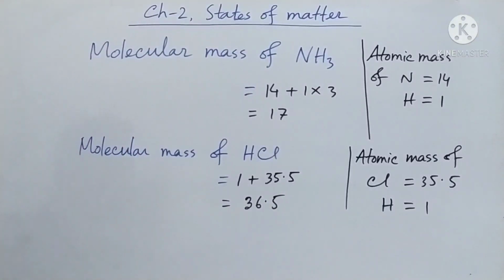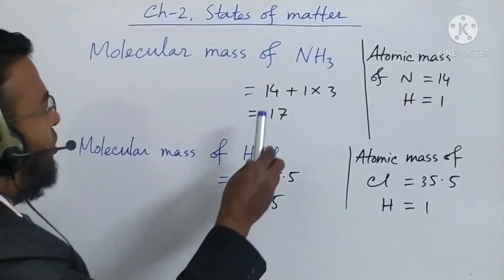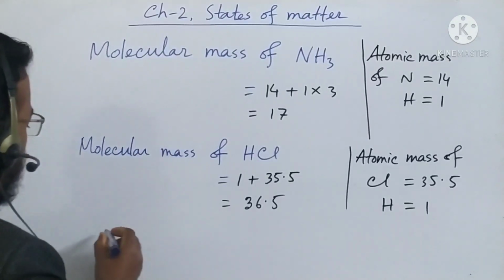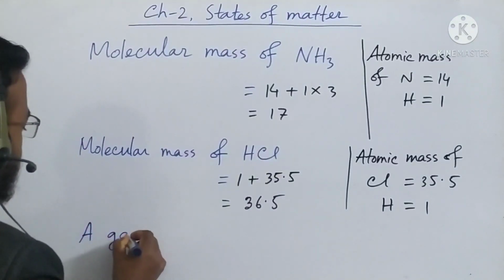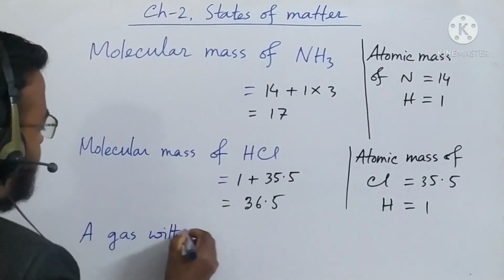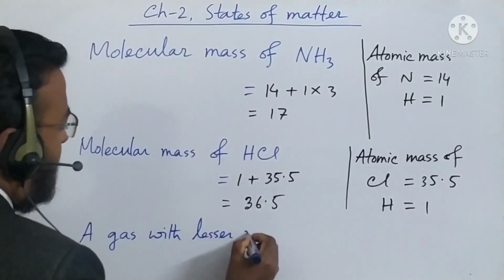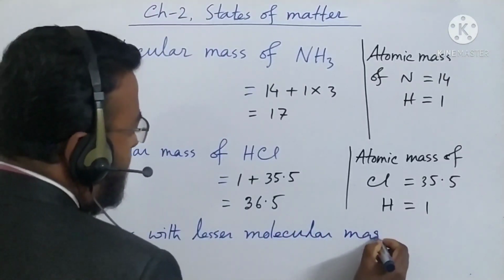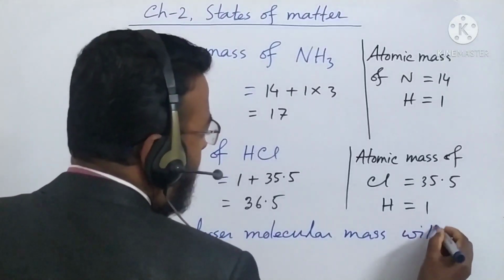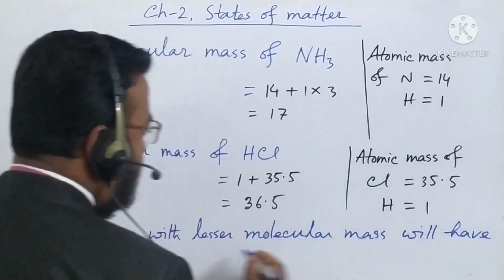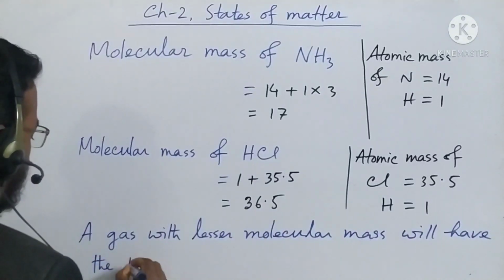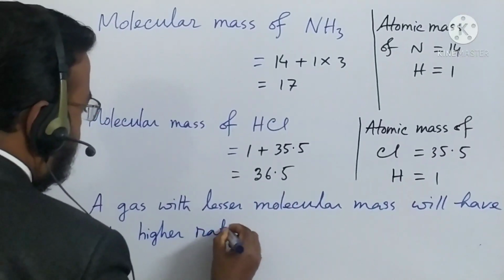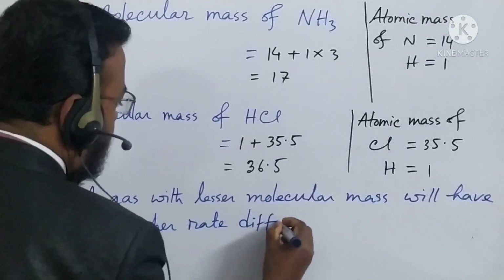So we know that a gas with lesser molecular mass will have the higher rate of diffusion.